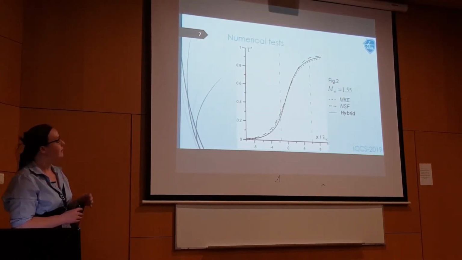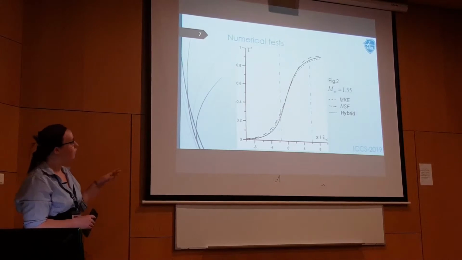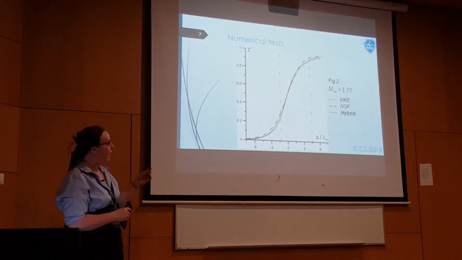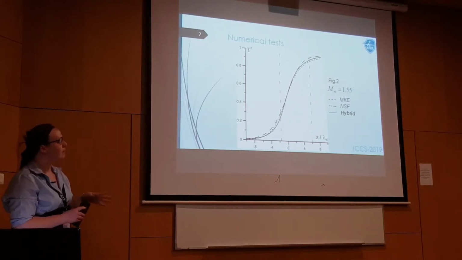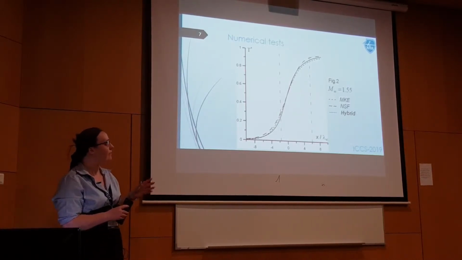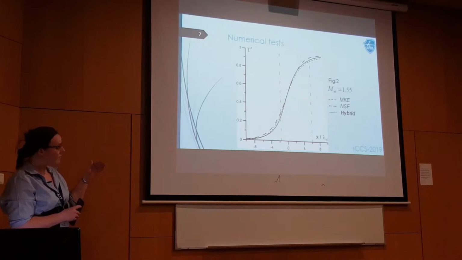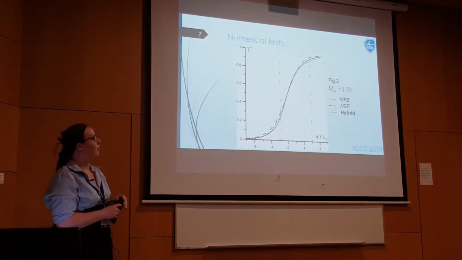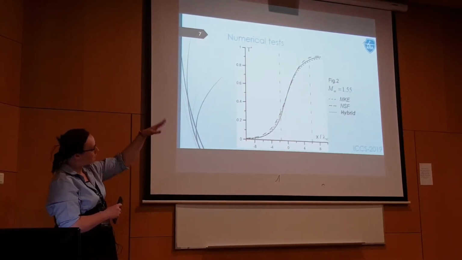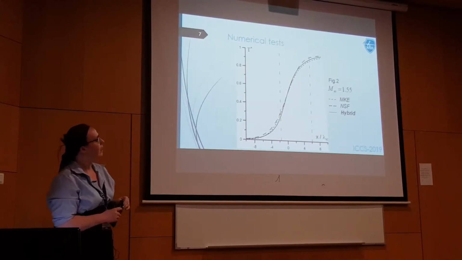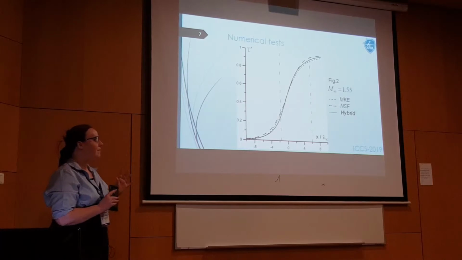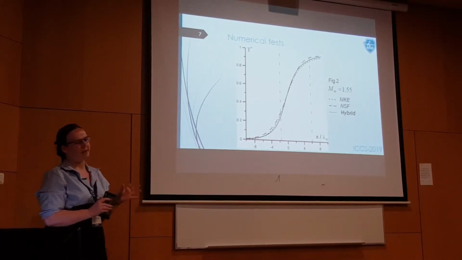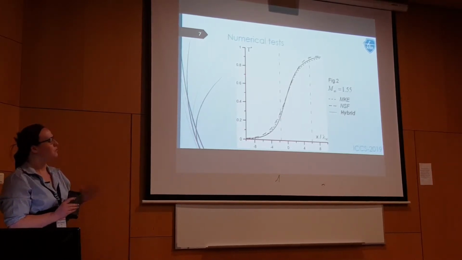You can see here the temperature profiles for the shock wave, and for moderate Mach numbers such as 1.55, the hybrid model profile was quite close to the MKE model, and that was working only until a Mach number somewhere equal to 2.